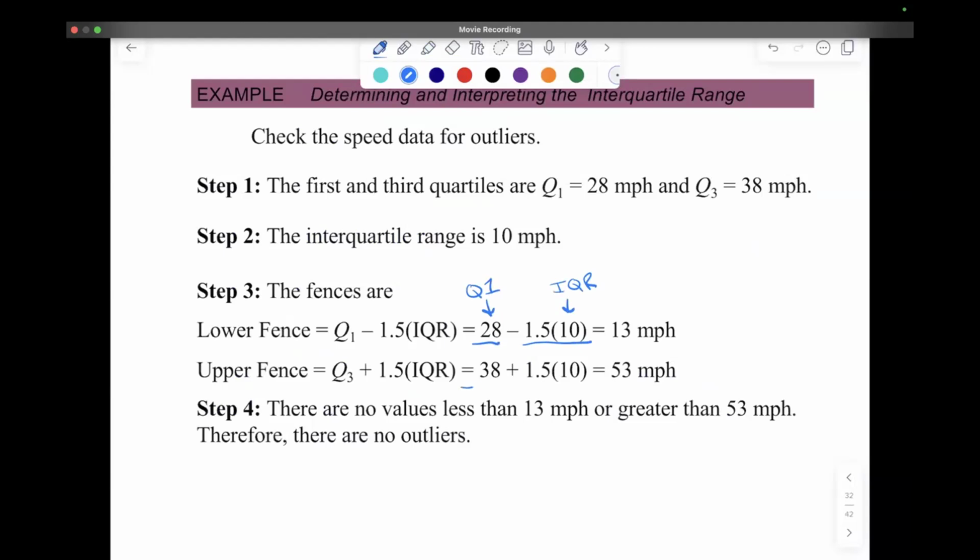Then this is my Q3 and this is my IQR. So 38 plus 1.5 times the IQR is 53 miles per hour. We don't have any values less than 13, and we don't have any values greater than 53. Therefore, we don't have any outliers. So you just look for values lower than your lower fence or higher than your upper fence, and if those exist, then you have an outlier.